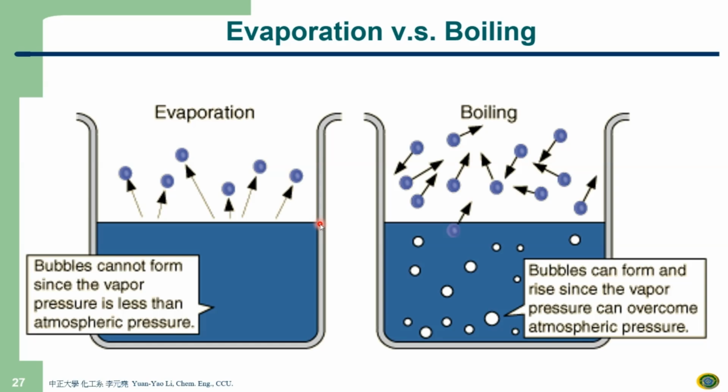How about boiling? The bubble can form since the vapor pressure can overcome atmospheric pressure. The bubble forms inside the liquid water and rises because of the pressure. So not only do water molecules vaporize from the surface, but also from the inside of the liquid water.